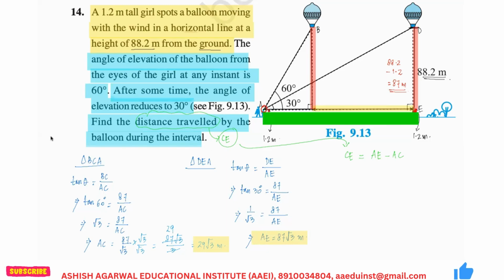That is what we have written the equation to be. Now, AE value we had got 87 root 3, minus AC value we got 29 root 3. If we subtract, we get 58 root 3 meter, and this has to be the final answer.